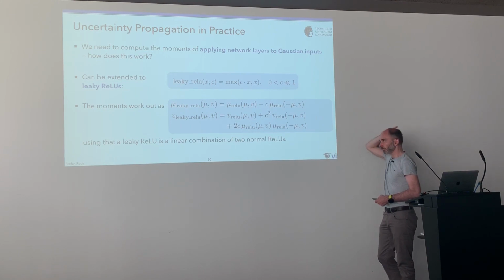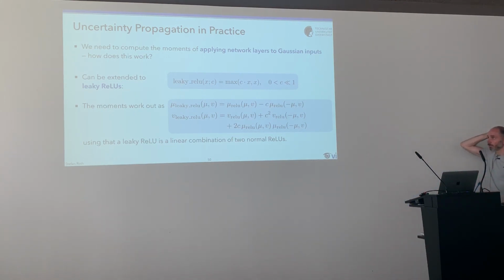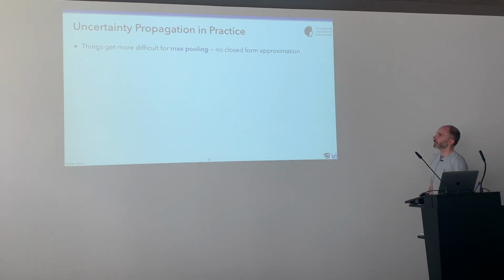So even for the leaky ReLU, I can compute the mean and the variance in closed form. Okay, so the point of the story is, for many components here in the network, instead of simply describing how they apply to the activation, I can now describe very simple computational rules that tell me what are the mean and the variance after applying that specific layer. Okay, if the previous layer was Gaussian.